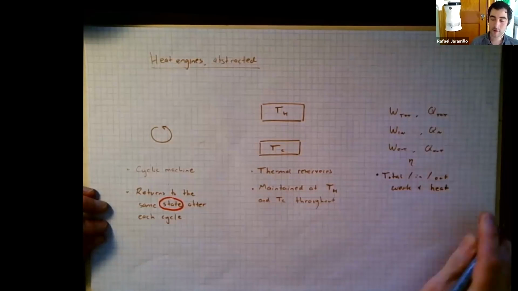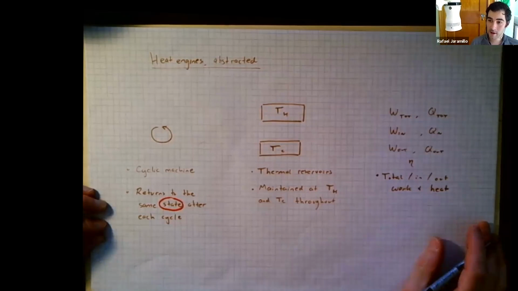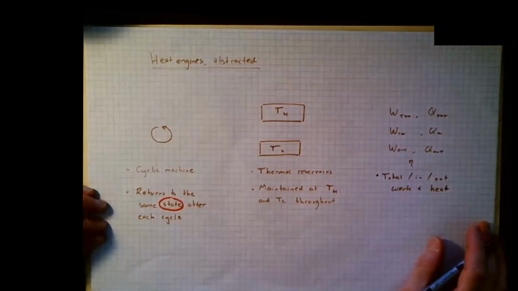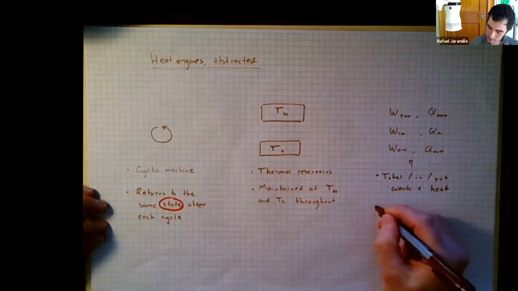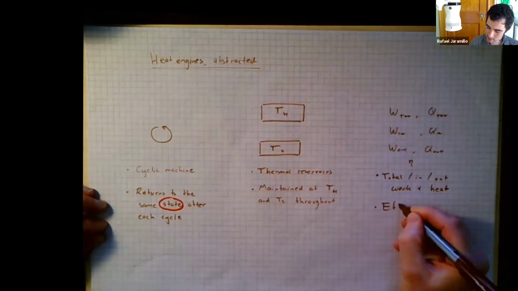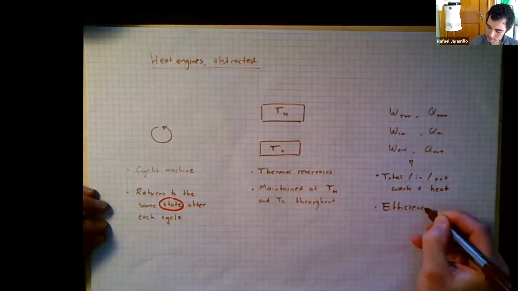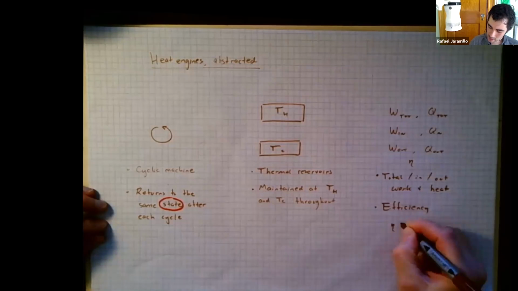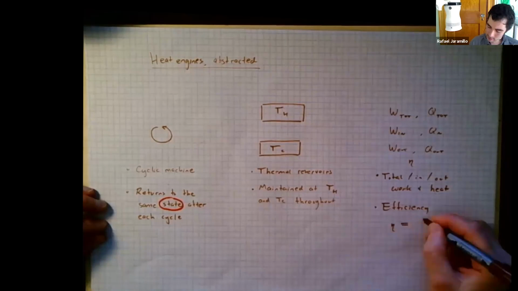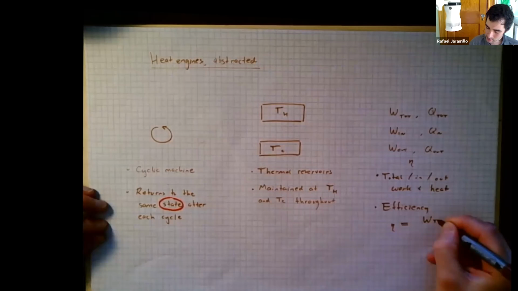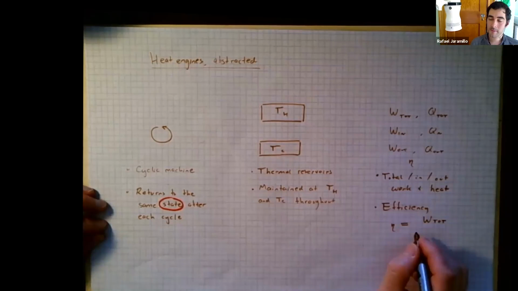Okay, so tracking flows of energy across the system's boundaries throughout the cycle. And then there's an important term here, efficiency. Eta is defined as the total work that the system does on the surroundings.